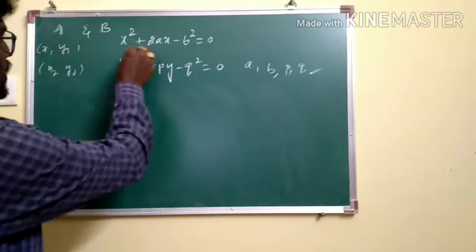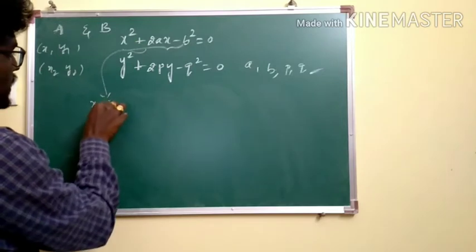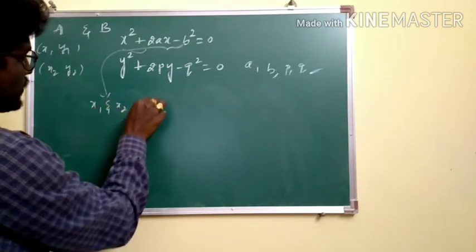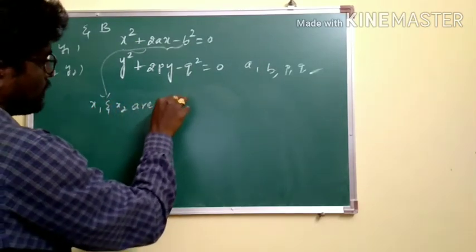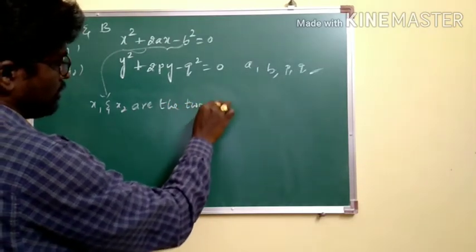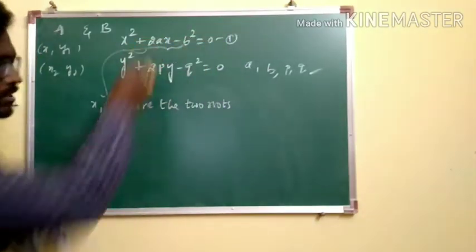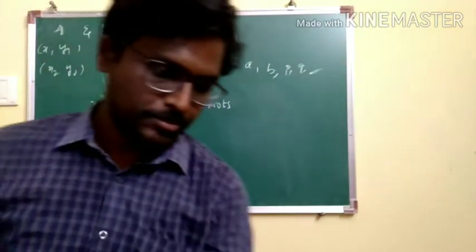Let's consider this equation is in terms of x. Let's say x1 and x2 are the two roots for equation 1, because the given equation is in terms of x.